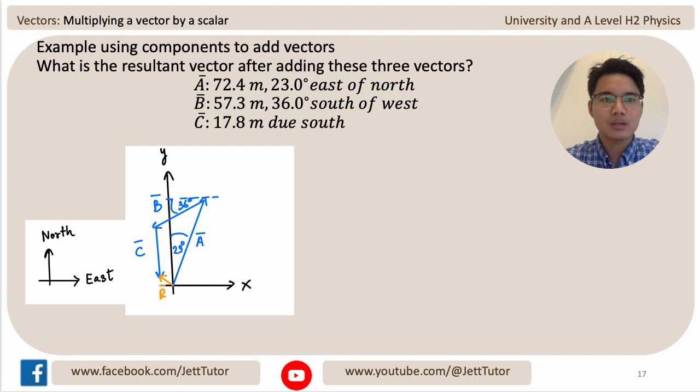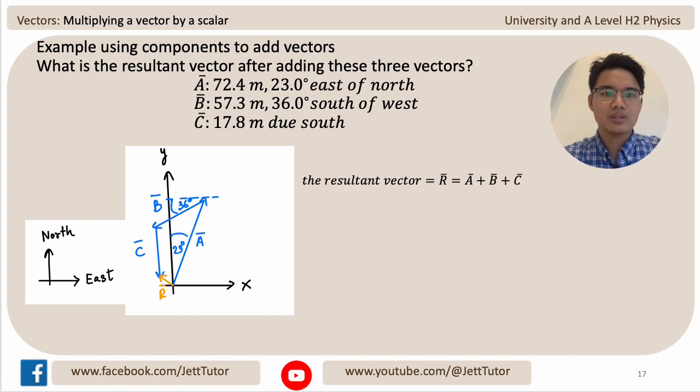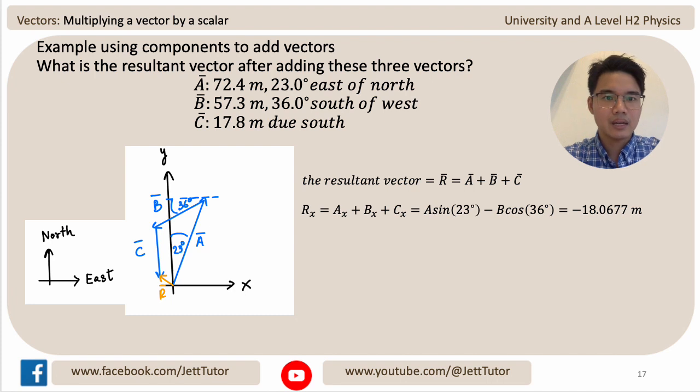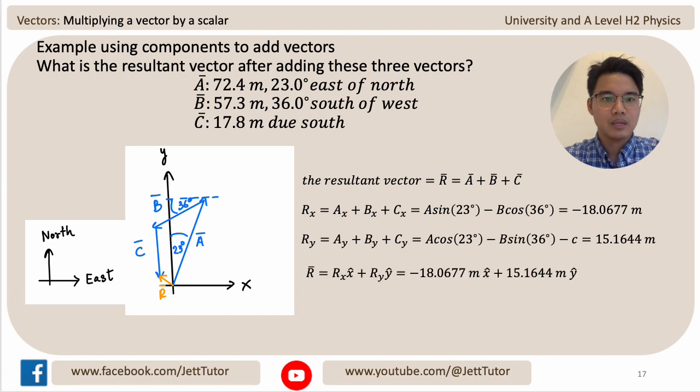We start by drawing vector A at the origin, and the head of vector A is the starting point of vector B. Then we draw vector C starting from the head of vector B, and the resultant vector is R equals A plus C plus B. Rx is Ax plus Bx plus Cx, Ry equals Ay plus By plus Cy, and then the vector R is Rx x hat plus Ry y hat, the resultant vector.